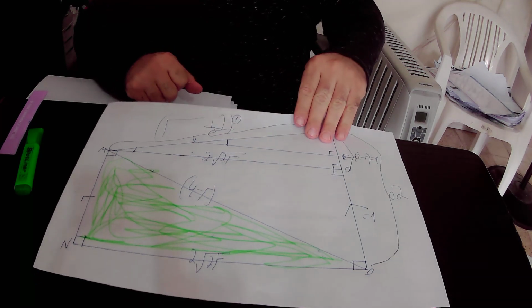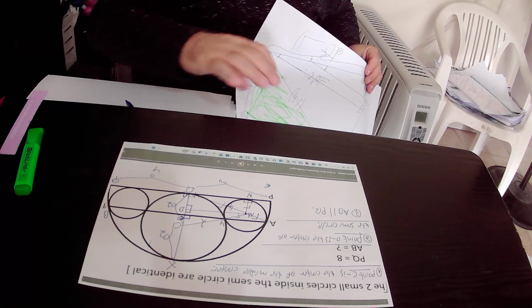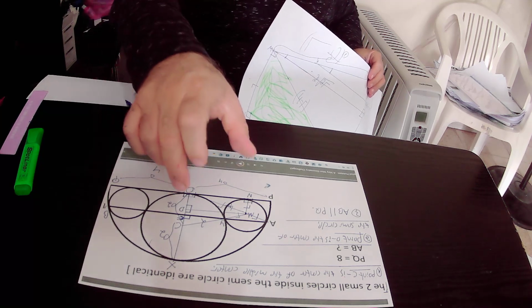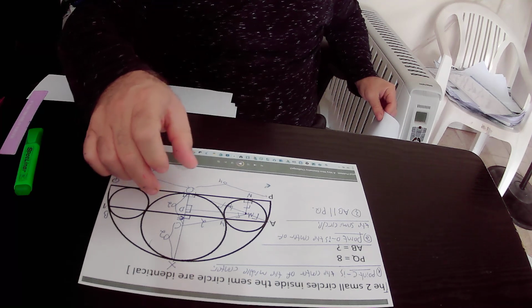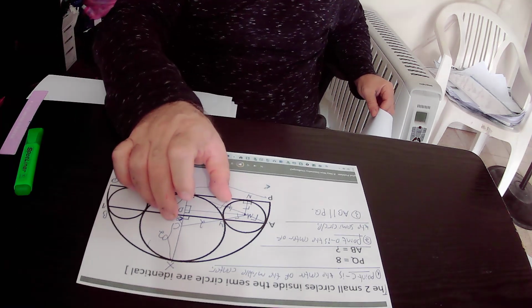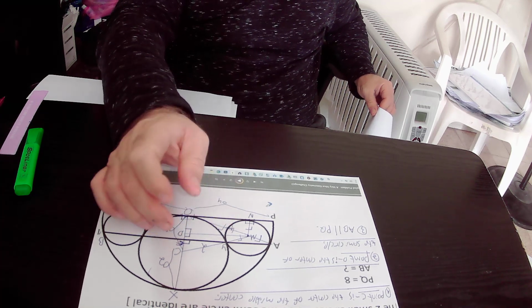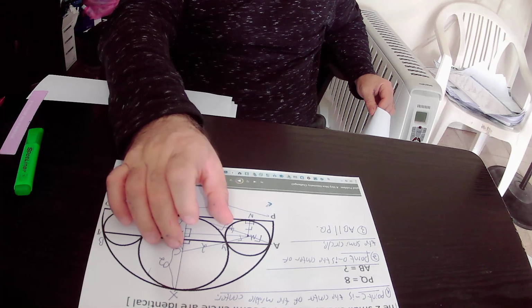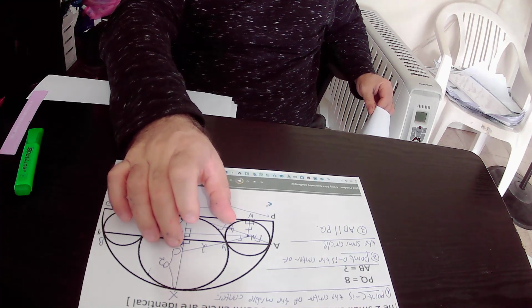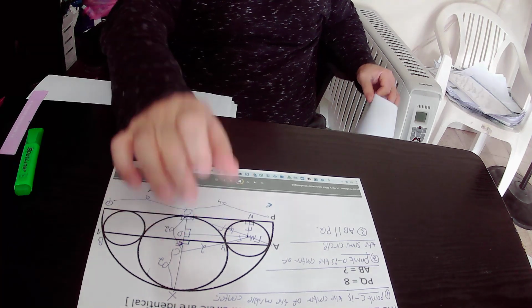The value of CY, as you can see from the drawing, CY equals 2 units. CY is actually the radius of the middle circle. Therefore, it equals 2 units. Again, CY is the radius of the middle circle, therefore it equals 2 units.